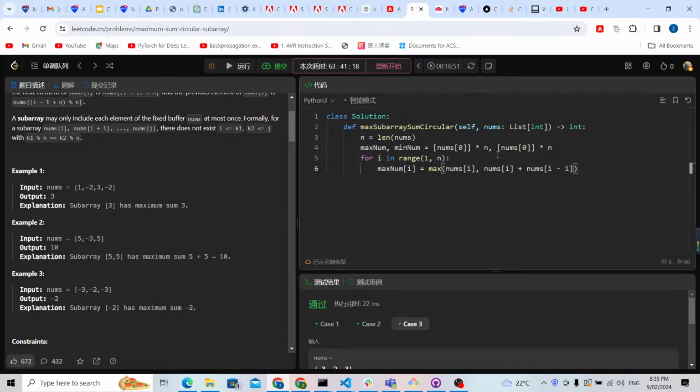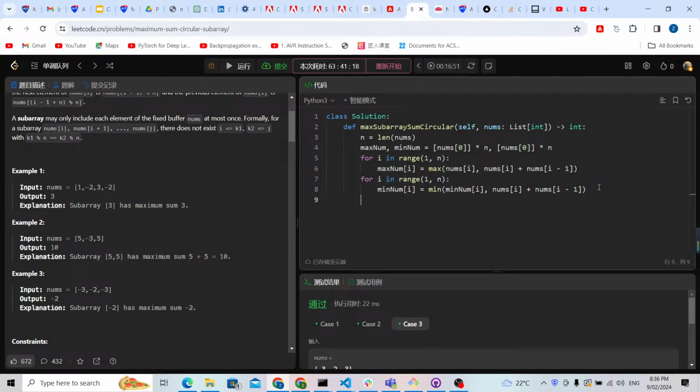Let me check the result later to explain what this means. Similarly, I'm going to copy the line to check the minimum of nums. It's the same calculation, just here we need to take the minimum values. So it should be the minimum of nums[i] with nums[i] plus nums[i-1].